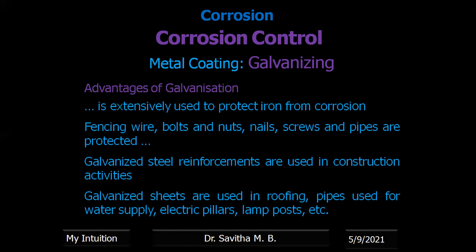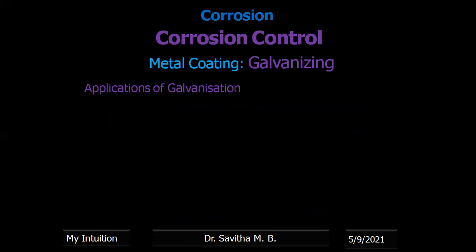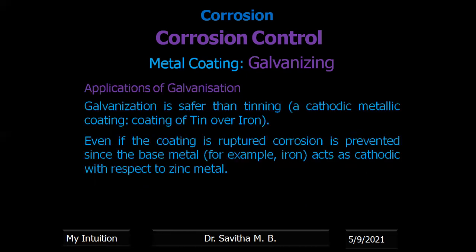They generally don't undergo corrosion. Those are all galvanized articles. Okay, so these are some of the advantages. The main advantage is, suppose if iron is exposed, the zinc layer will be undergoing corrosion, because it is anodic with respect to the base metal.